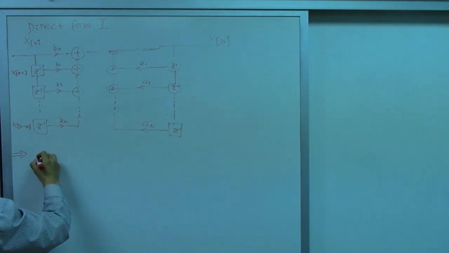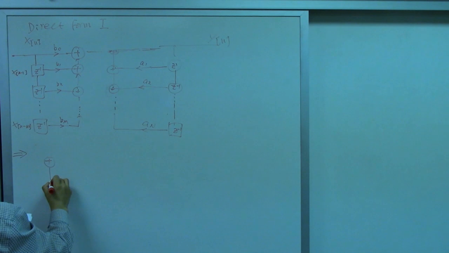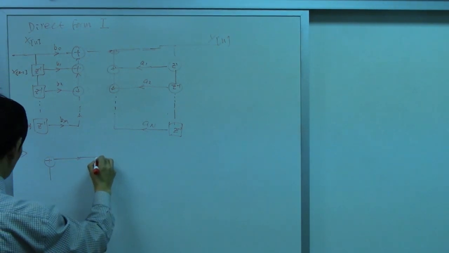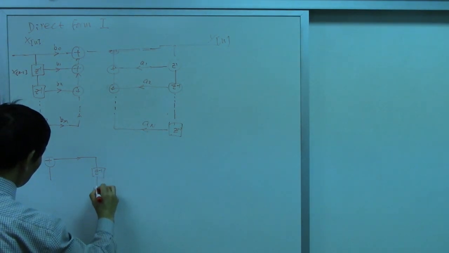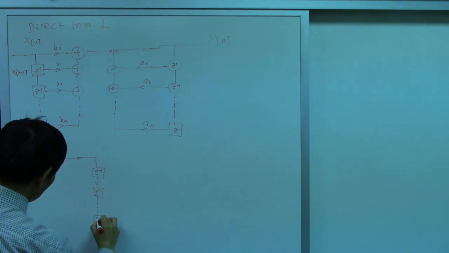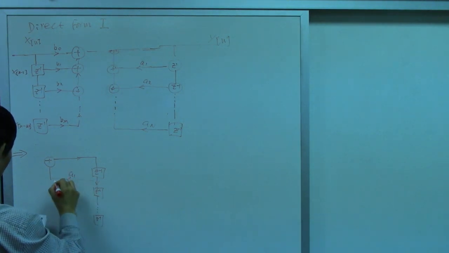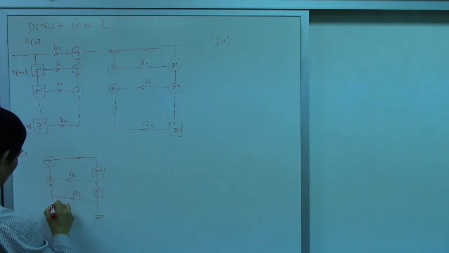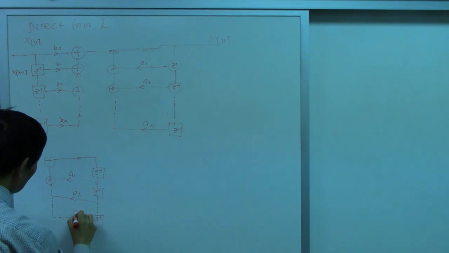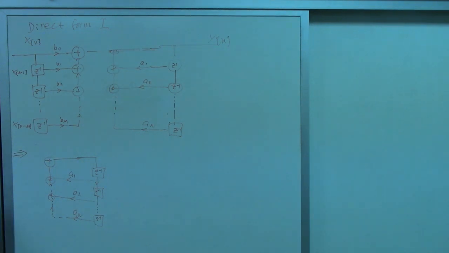Alright, so what I have here is a plus, and here go this way, delays z to the -1, and all z to the -1, and this is a1, plus, this is a2, and this one here is an, and this one here is xn.